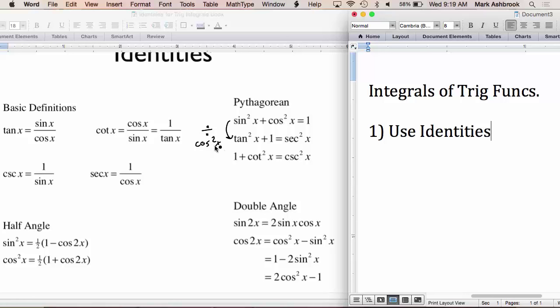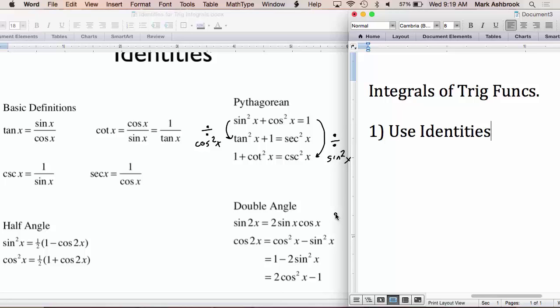Okay? The third line is dividing everything by what? Sine squared. They're all variations on the Pythagorean identity.